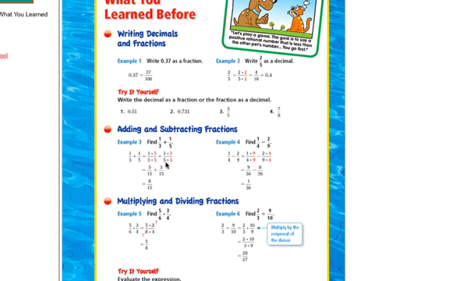And the same thing with 1/5. In order to get 15, you have to multiply the denominator by 3. So you have to multiply the numerator by 3. So the first fraction becomes 5/15, and the second fraction becomes 3/15. And now, since they are common denominators, we can add 5 and 3, and we get 8/15.